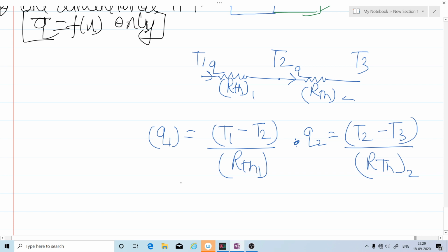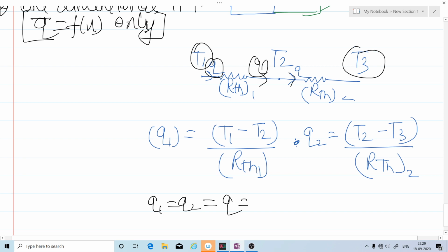And the heat that is flowing through resistance 1 or slab 1, the same heat will enter here in slab 2. Therefore Q1 and Q2 will be equal. Therefore the heat transfer can also be considered in terms of the initial and final temperature and the complete thermal resistance.